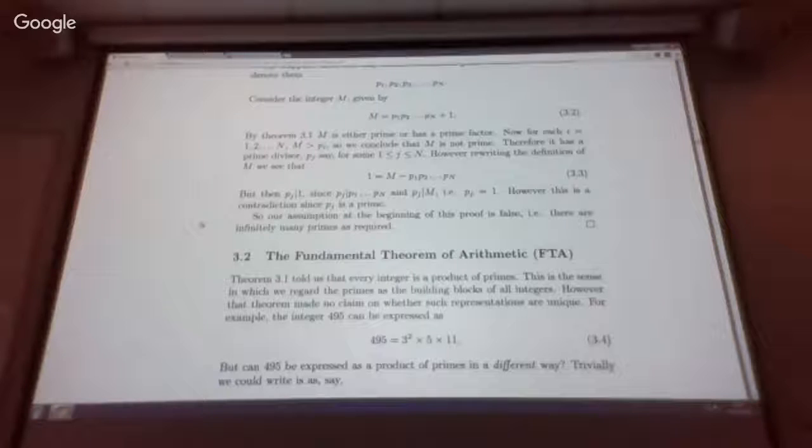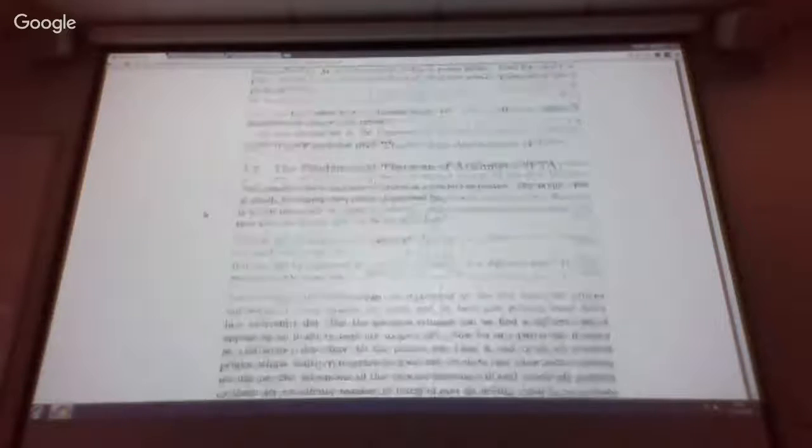So we do make use in that proof of a number of the little properties of divisibility that we spent so much time developing in the first couple of chapters.